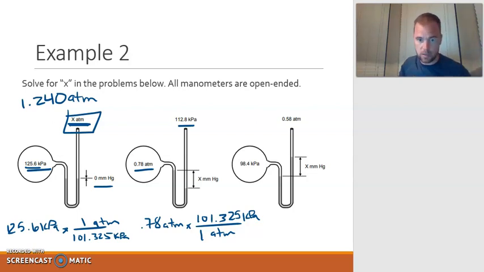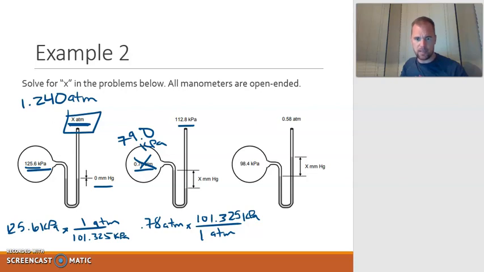So the pressure inside the bulb in kilopascals is 79.0 kilopascals. All right, so we can see that the pressure in the room, or the atmospheric pressure, is higher than the one in the bulb. And we could have guessed that because the liquid level is lower.